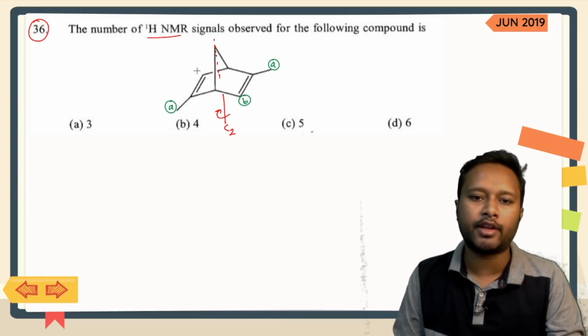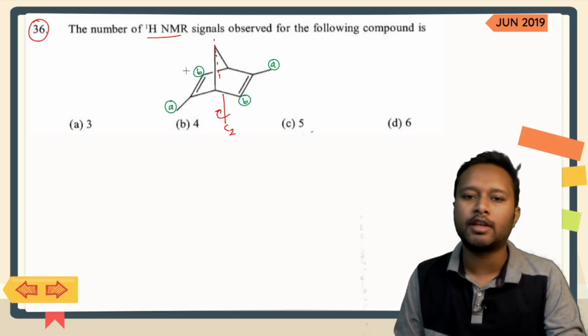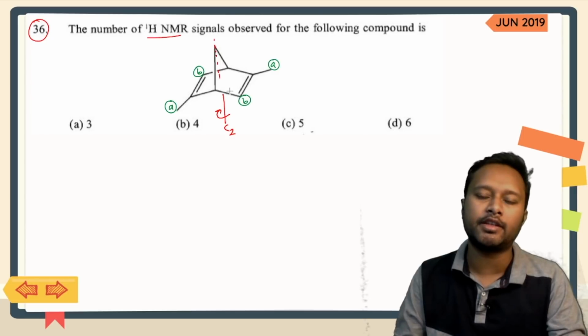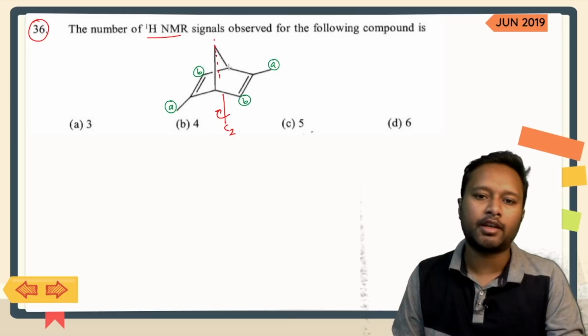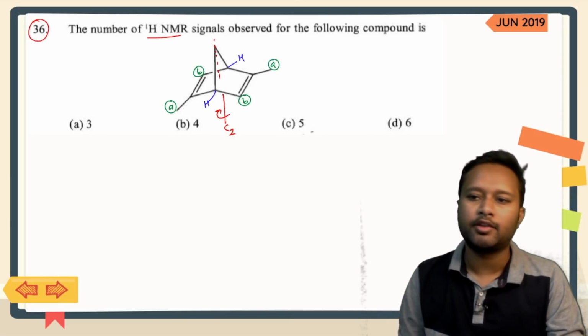If this is hydrogen of type B, this will also be of type B, because of the C2 axis, the things which are at 180 degree have the same chemical environment. Then at the bridge position also you have two hydrogens, here and here. So these are going to be hydrogen of type C. So this is type C, this is also of type C.